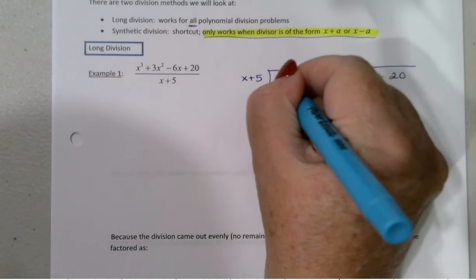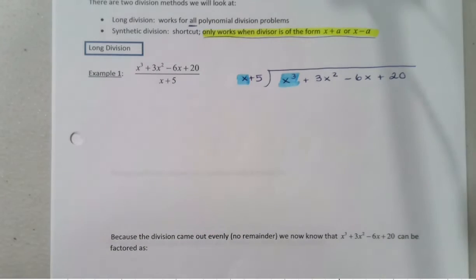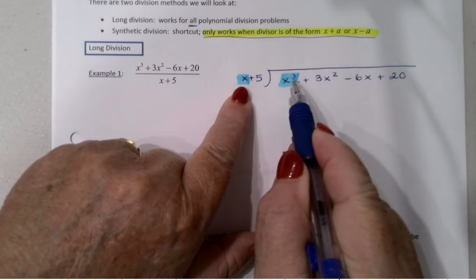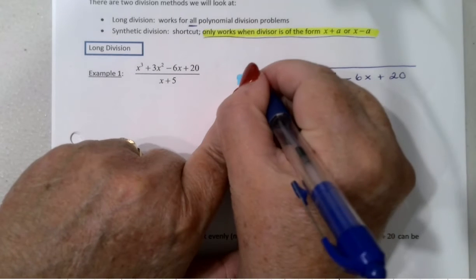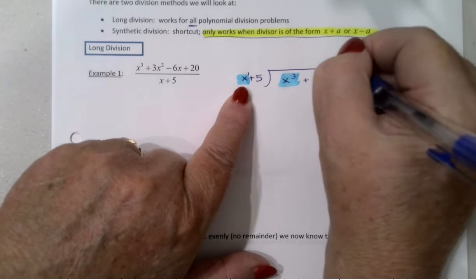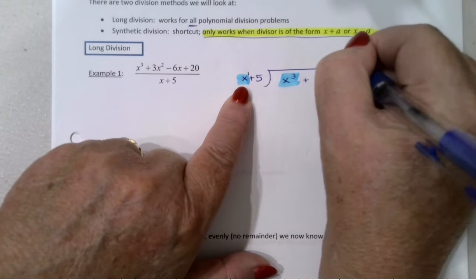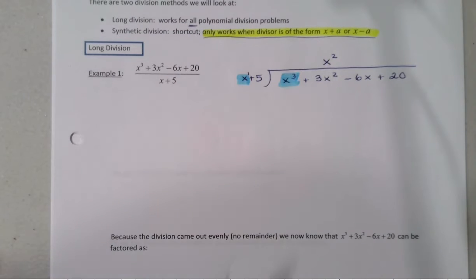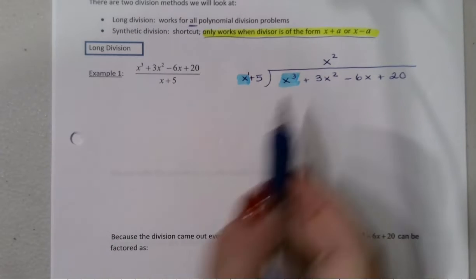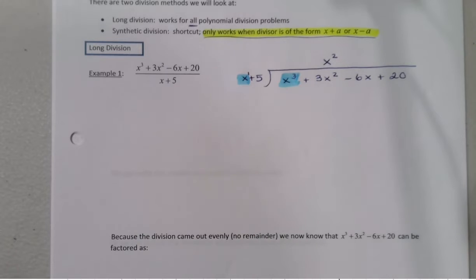So what I want you to think about is the x cubed divided by the x, right? Subtracting the exponents, 3 minus 1, would give me x squared. And that's the first piece of my quotient. Now you might notice that I'm lining up my like terms here. I put the x squared over the other x squared terms. It's a good habit to get into.